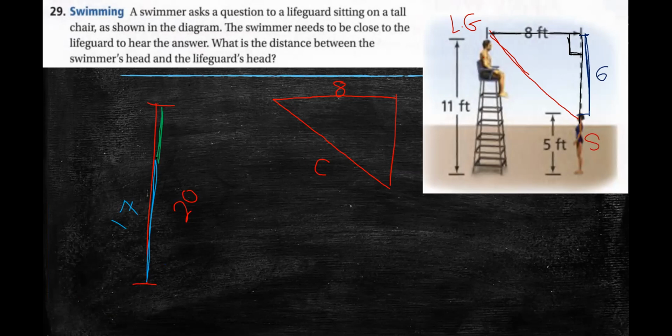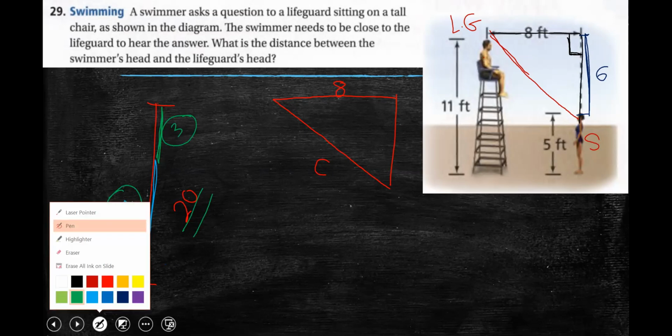How did you find the length of the green? 20 minus 17, which is 3. So 3 plus 17 equals 20. Here also we have the same.